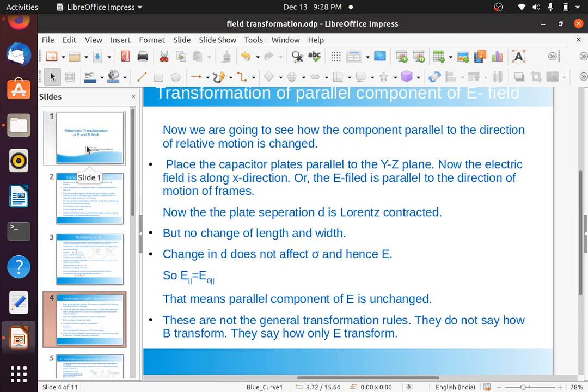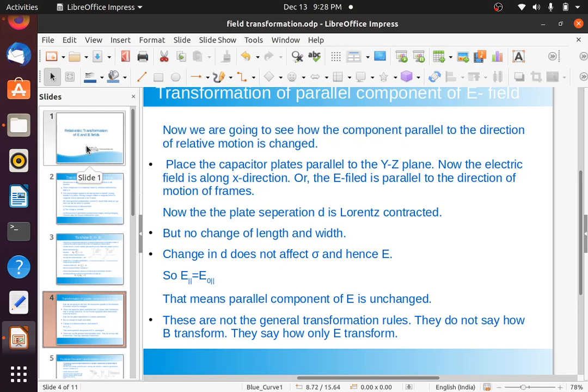So what we have got is the transformation rule for the electric field, and no transformation rule corresponding to the magnetic field arises in this case. What we require is some general transformation rule. These are not general transformation rules, these are some special cases.